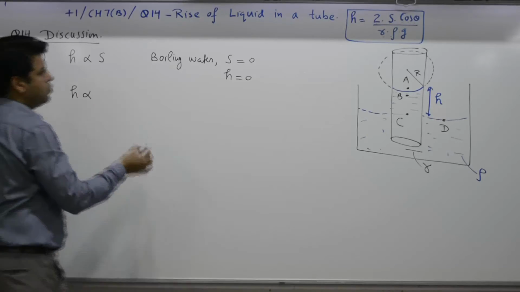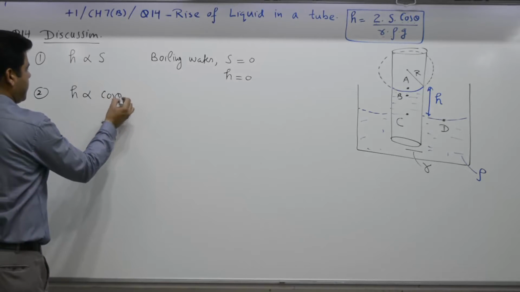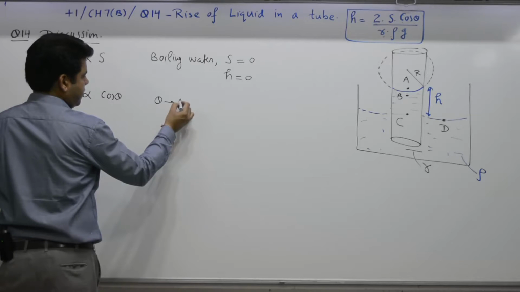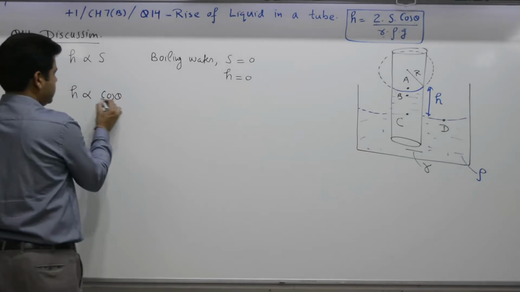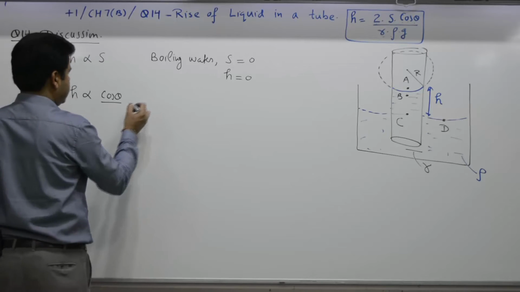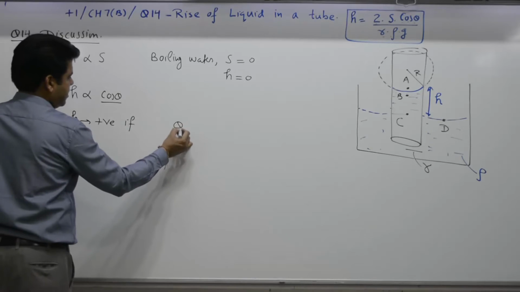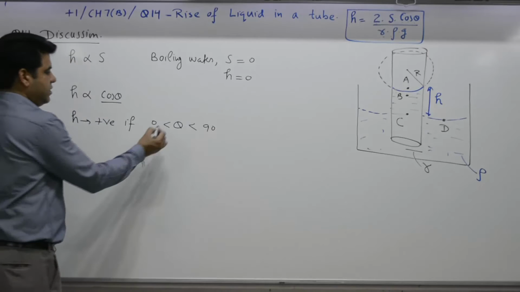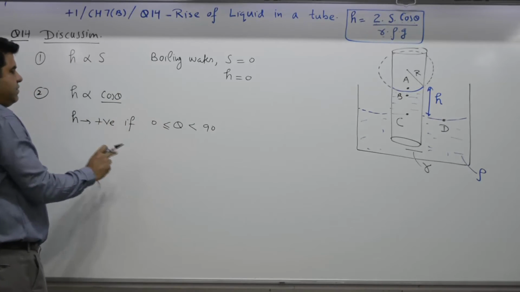Second, h is proportional to cos theta. h is positive if cos theta is positive, that means if theta lies between 0 and 90. Cos 0 is 1, cos 45 is positive.